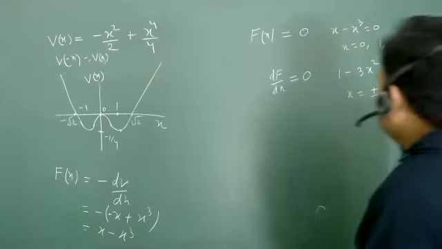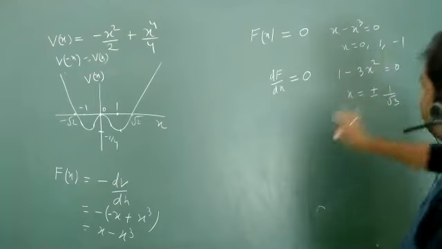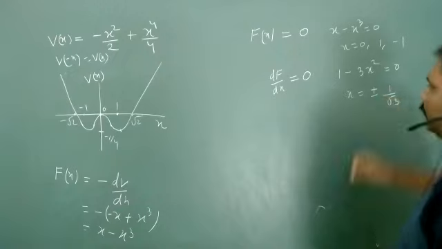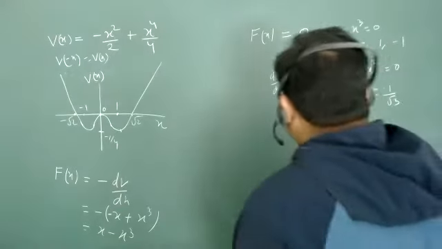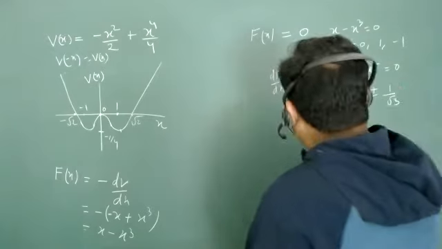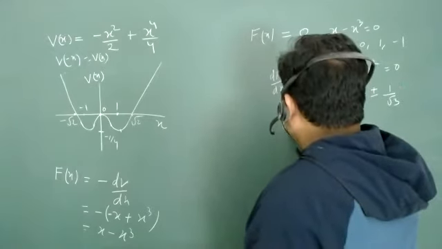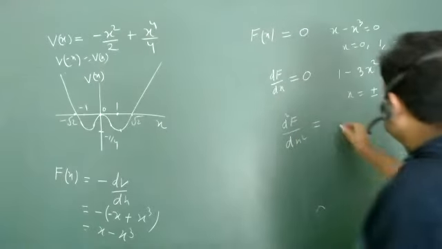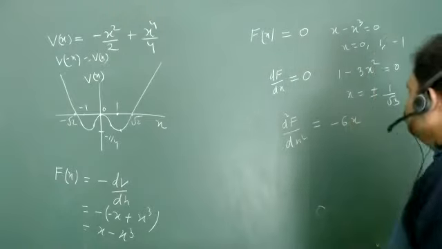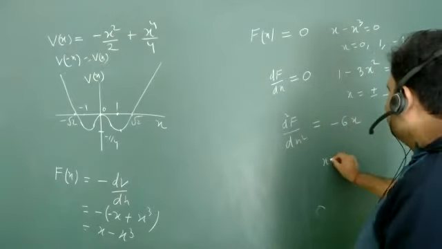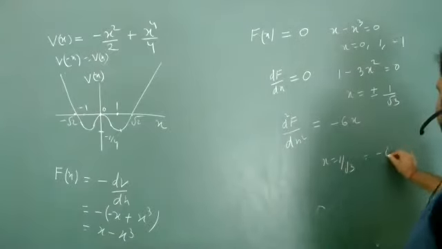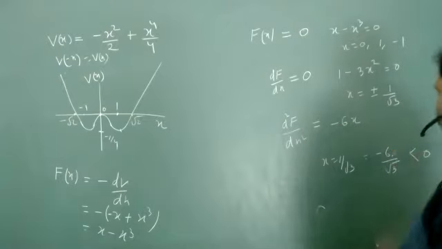Okay. So at these points, my force is either maxima or minima. And now the next thing I have to check is where it is maxima and where it is minima. So d square f upon dx square is minus 6x. What will happen at x equal to 1 by root 3? This value is minus 6 by root 3, which is less than 0, obviously.